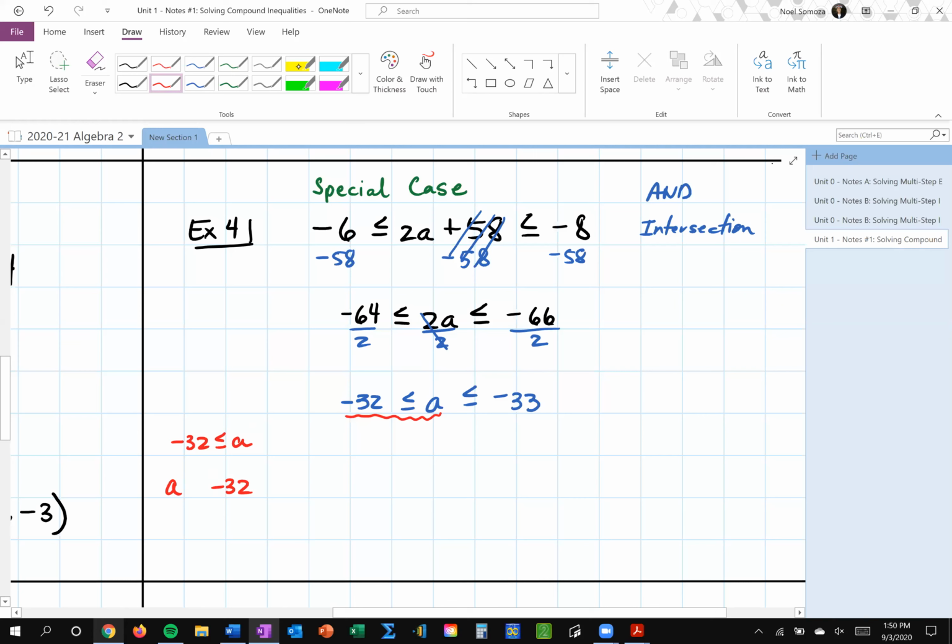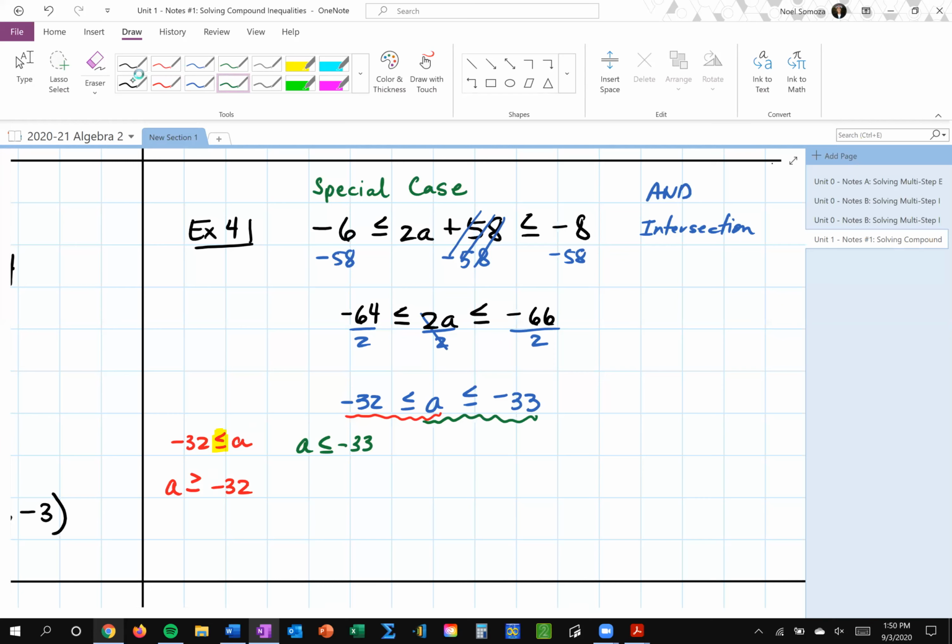And since this inequality was pointing to the negative 32, make it point to the negative 32 again. So really what we're saying is that a is greater than or equal to negative 32. That's our first inequality. The second one is right here. We have a is less than or equal to negative 33. And that one is already in the position that we want it in. So that's good.